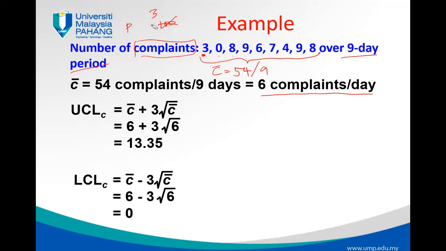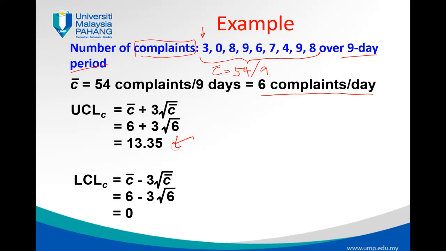Right now we are constructing the graph solely based on the number of defects that we have. So C bar is 6 complaints per day over 9 days. UCL is C bar plus 3 square root of C bar, so we get 13.35.